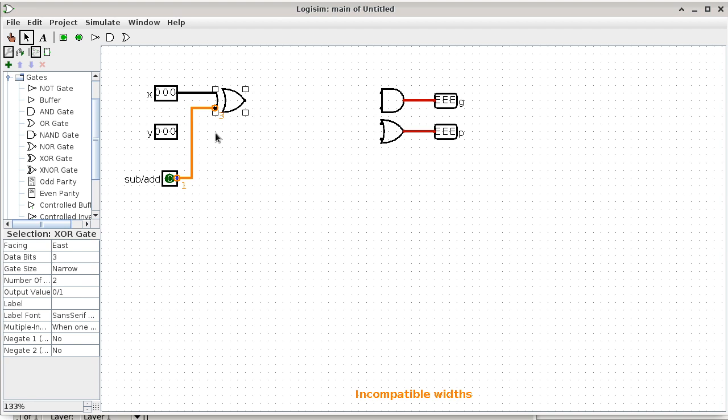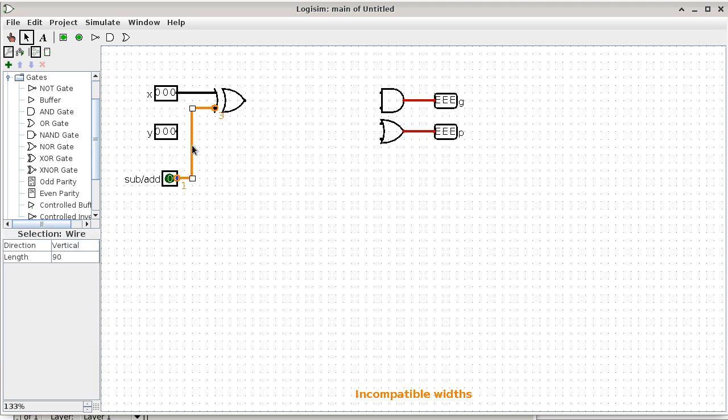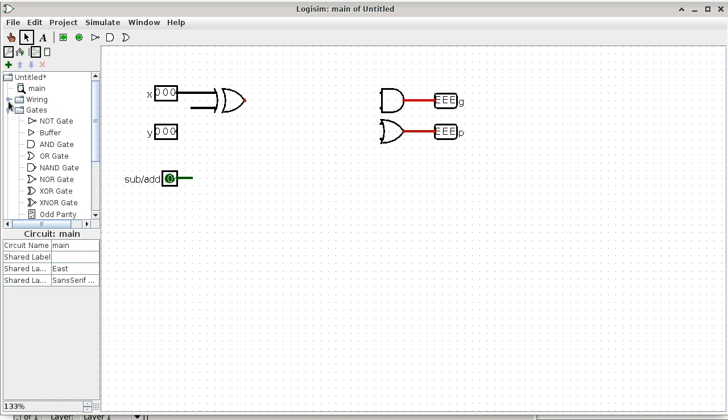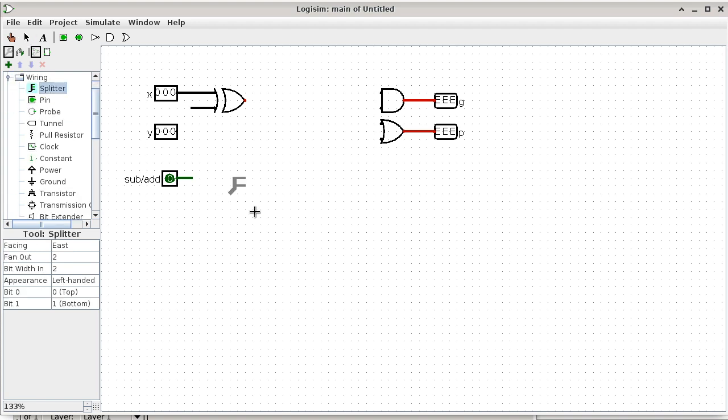A splitter, very good. Except this time we are not using a splitter to split. It's more like a replicator, because we are just replicating the same bit multiple times. So we take a splitter, we flip it so that the facing is opposite. And then we also need a 3x3, because we have 3 bits to merge.